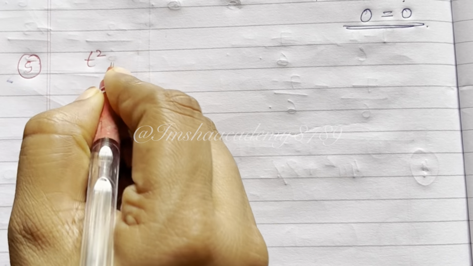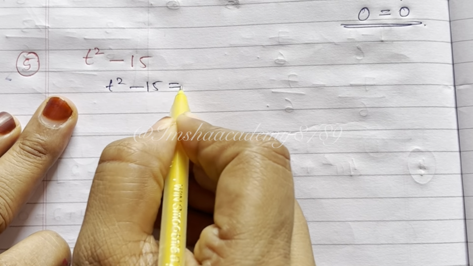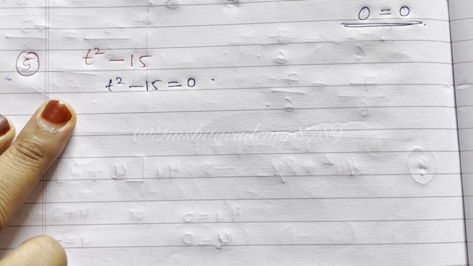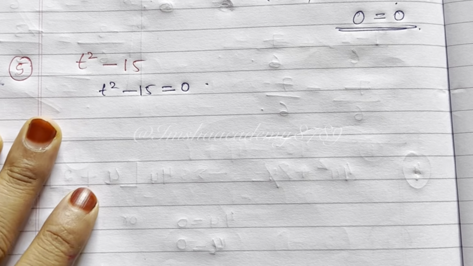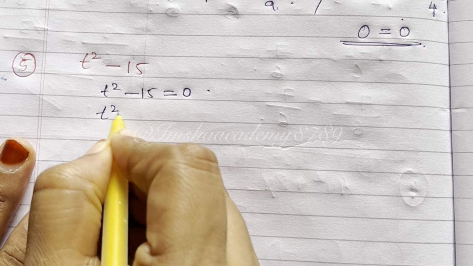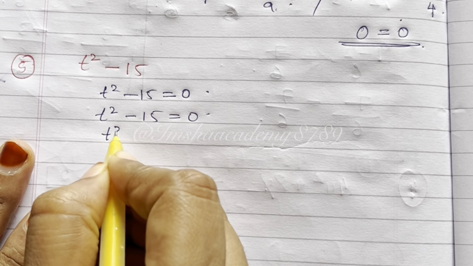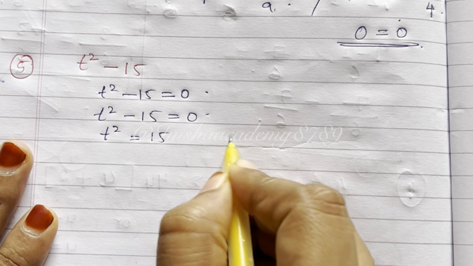t square minus 15. First, I'll make the equation equal to 0 because we need to find the zeros of the polynomial, right? Now, t square minus 15 is equal to 0. t square is equal to 15, right?